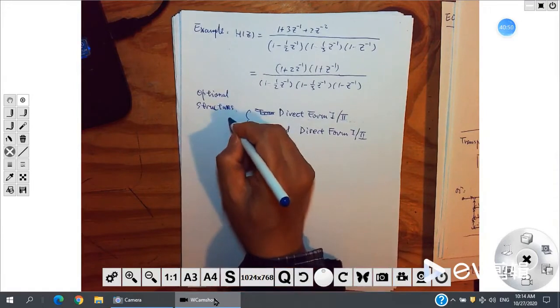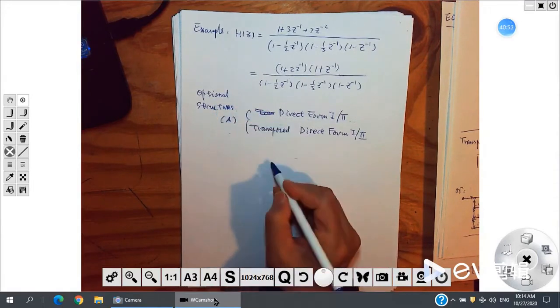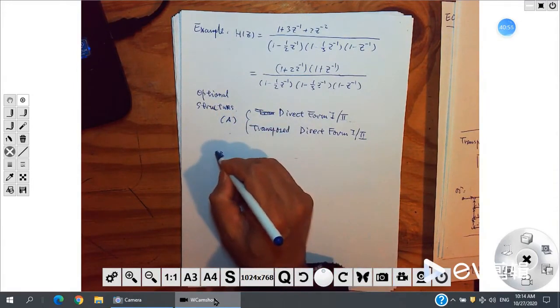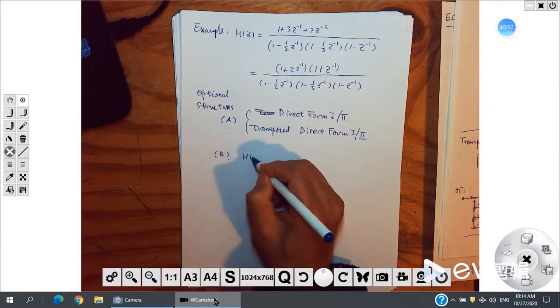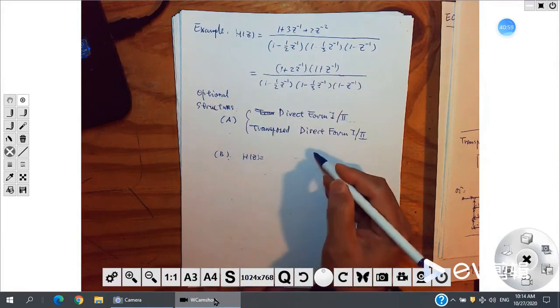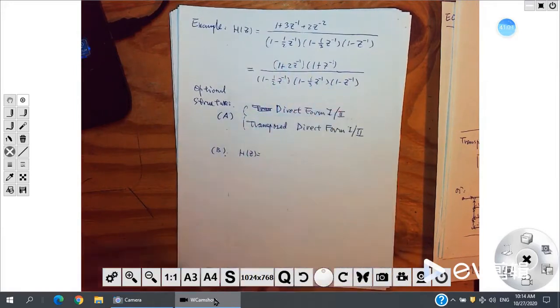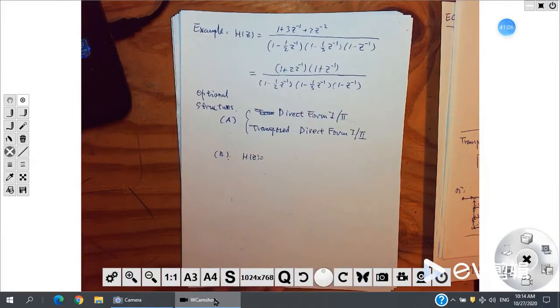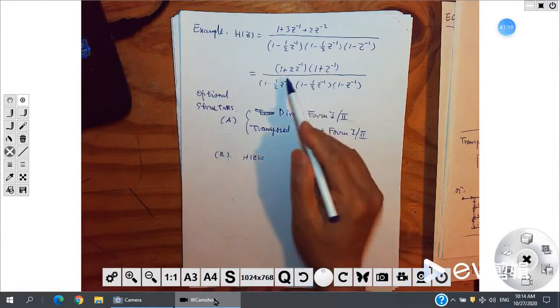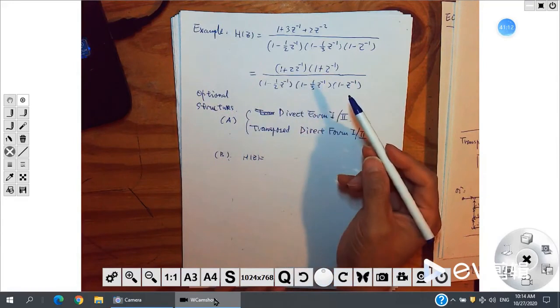So we have these 4 different structures. Let's say this is the set A, and for B, I write H of z equal to a multiplication of these, right? You have 1, 2, 3, 4, 5. You have 5 pieces, and you can write it as a multiplication where there's a lot of choice.